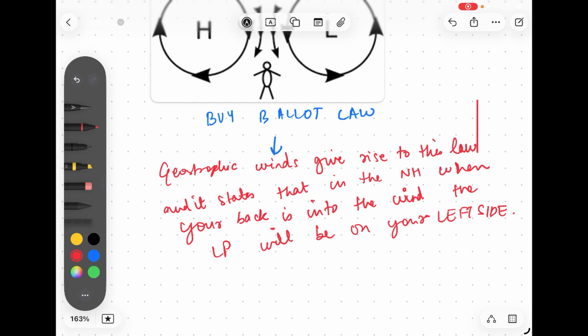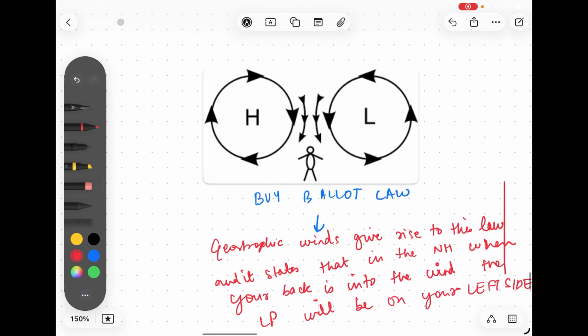Okay, so what it really says is here, so if this is me maybe standing, and I'm looking in this direction, so this would be my left and this would be my right, okay. So when my back is into the wind, so winds are blowing in this direction and I'm looking also in this direction, so when my back is facing the winds, low pressure would be on the left of my side and high on the right.